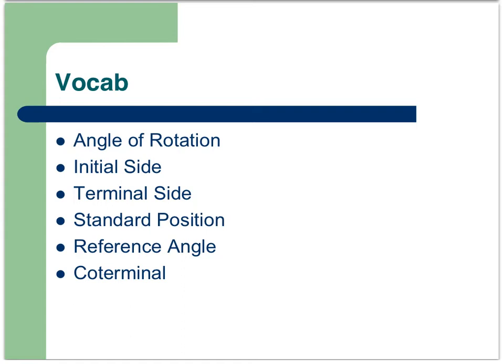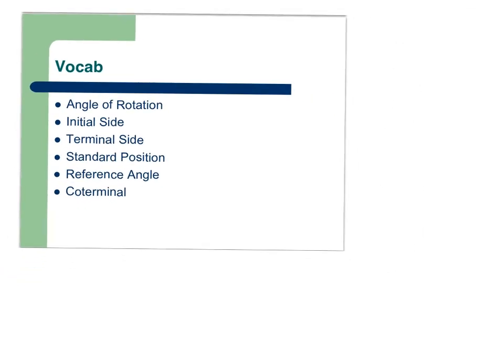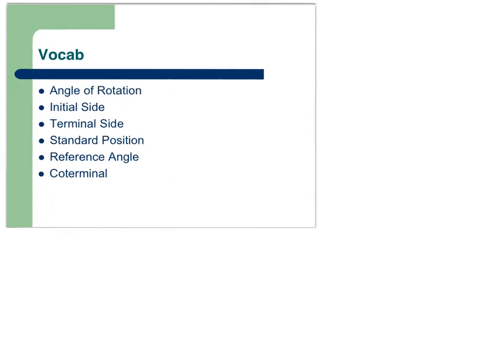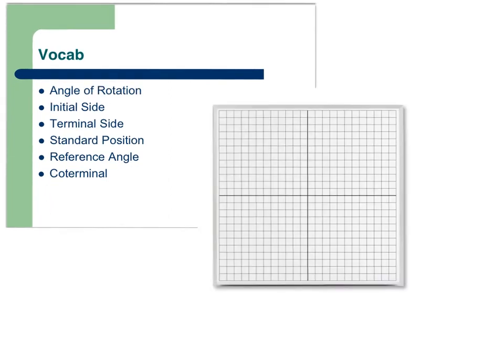Okay, so the first thing I'm going to do is draw a coordinate grid, an XY coordinate plane. I'm going to shrink this a little bit so I can get a bigger graph. I'm going to put this little guy right here, and that is the beginning of my angle.